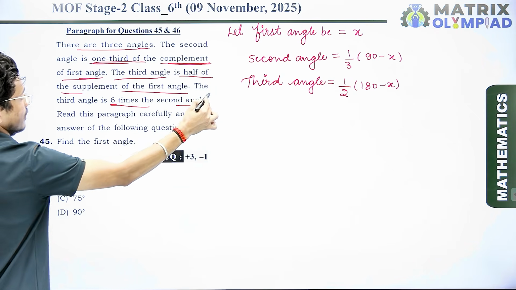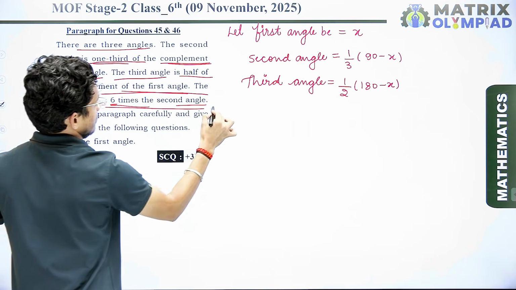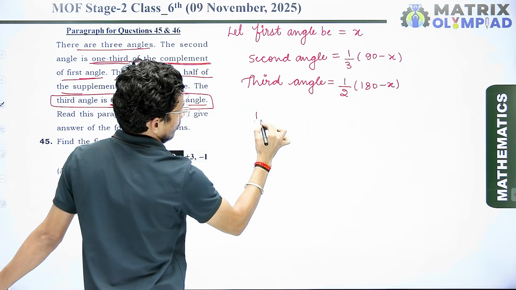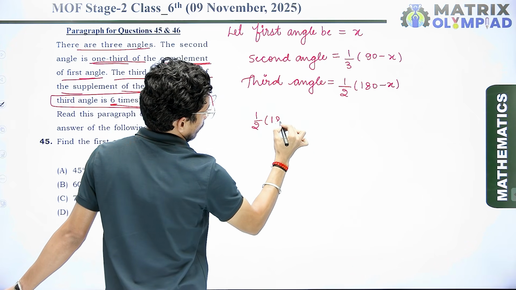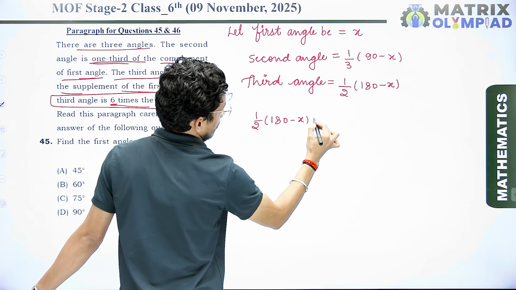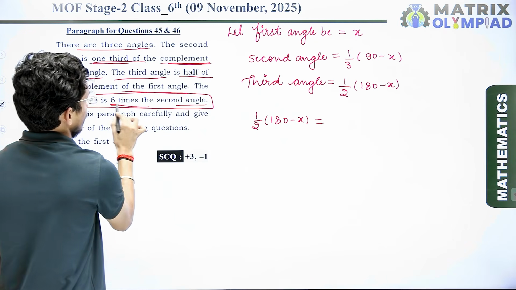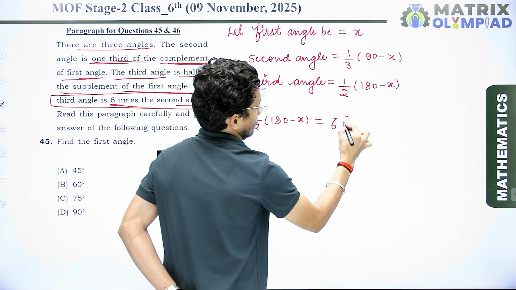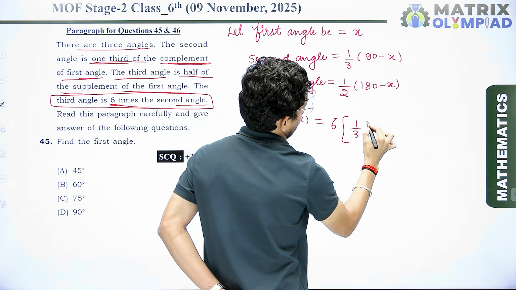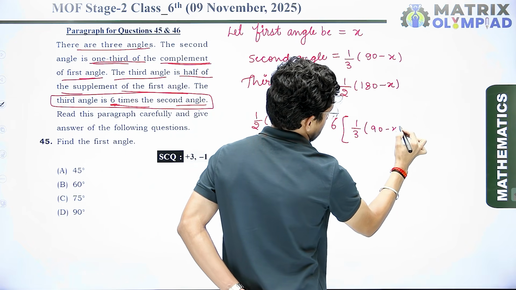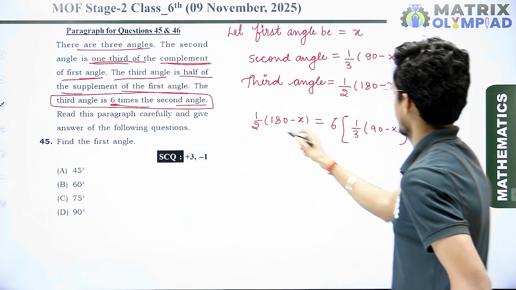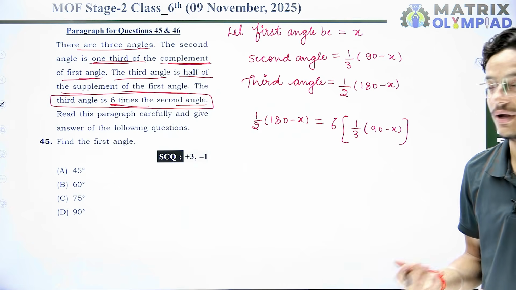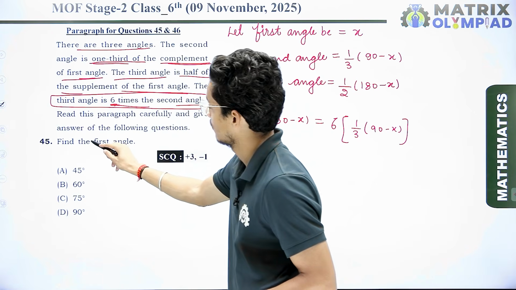Here we are given the third angle is 6 times the second angle. So for the third angle we have 1/2 (180 minus x) is equal to 6 times the second angle. With this statement we can find the value of x, and we have to find the first angle.